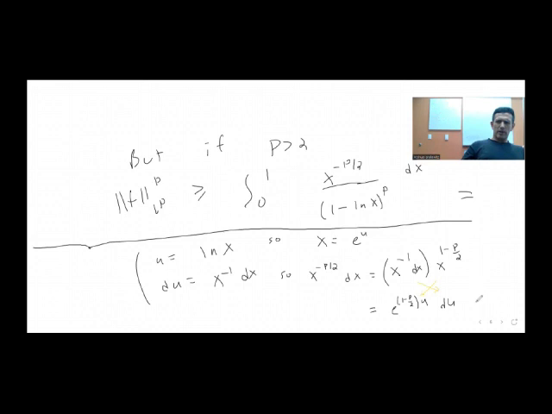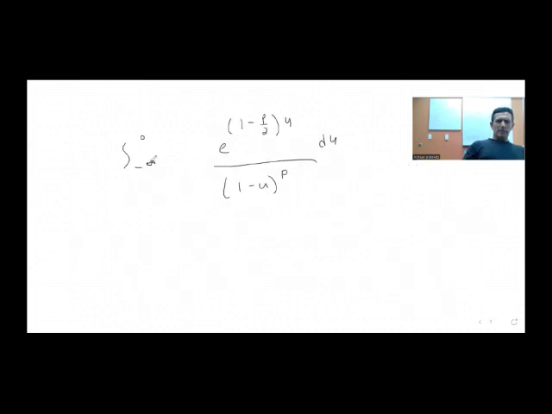Just replace u with ln of x. And if the fact that this is negative makes things all confusing, we could just do a trivial substitution. Let's say v is minus u. So that converts things from 0 to infinity. So it would technically go from infinity to 0, but dv is minus du. So u is minus v, so it's going to be p over 2 minus 1. And this definitely, I think, makes things much clearer.